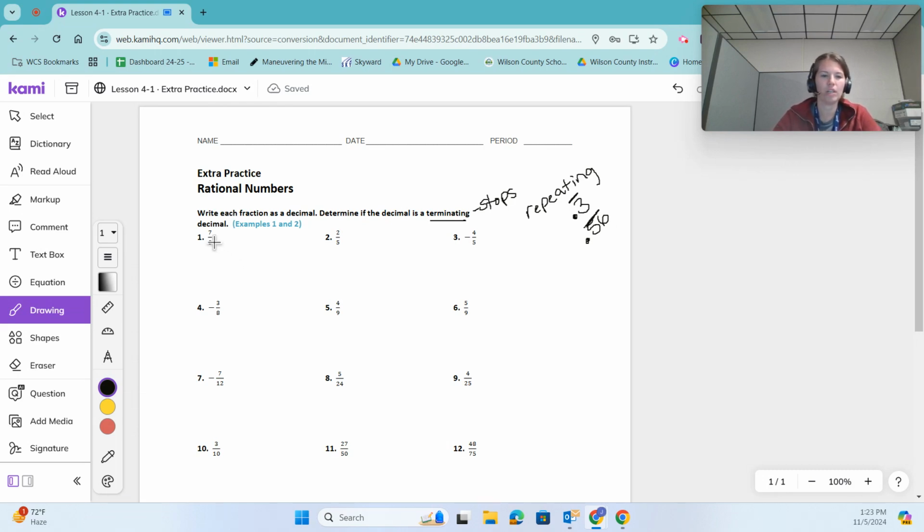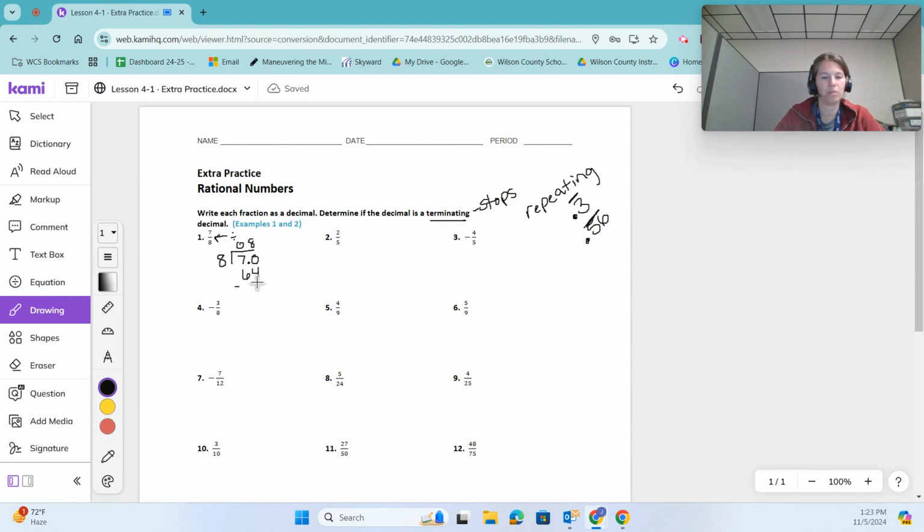Okay, so 7/8, if we are writing that as a decimal, we are going to divide. Remember, our fraction bar also means division. So we would be doing 7 divided by 8. 8 goes into 7 0 times. 8 goes into 70 8 times, and that would be 64.